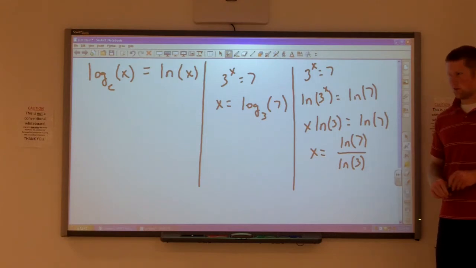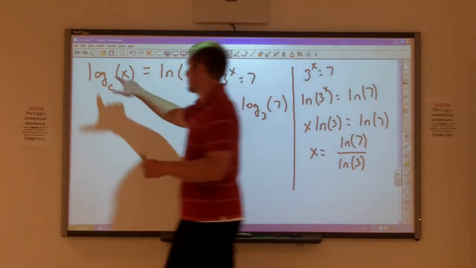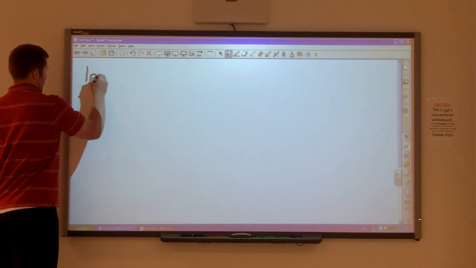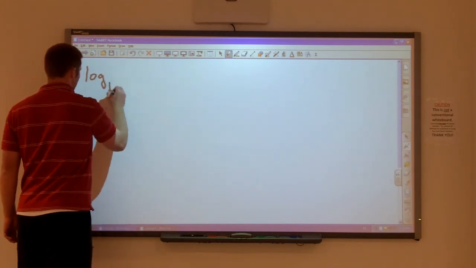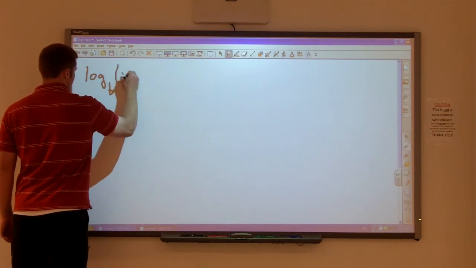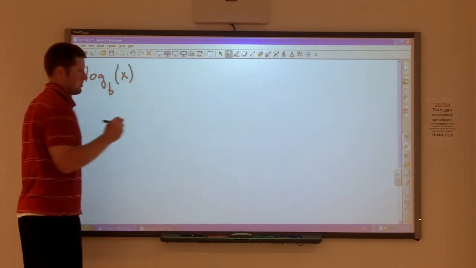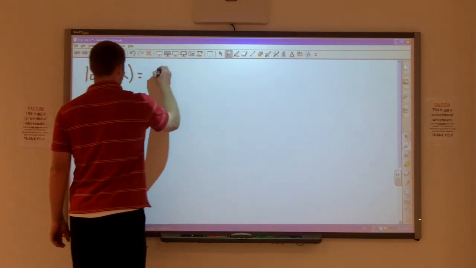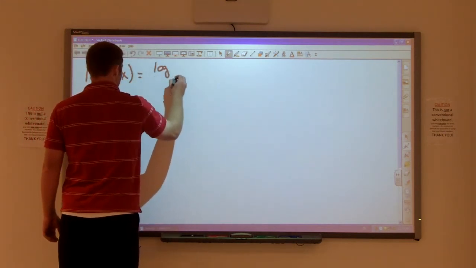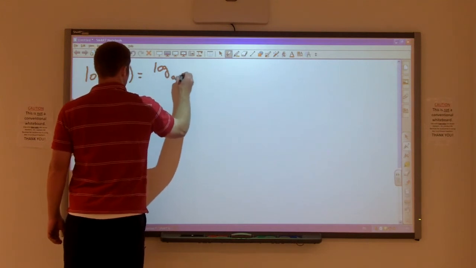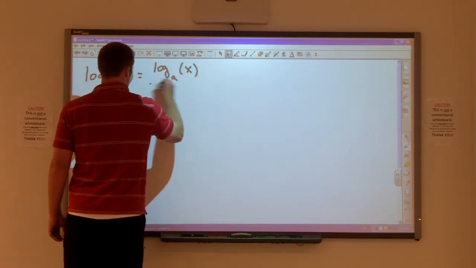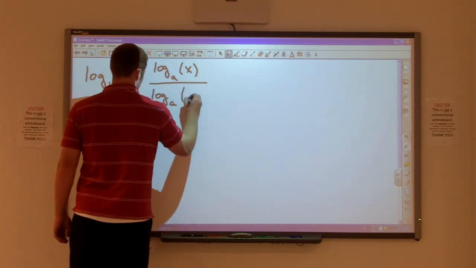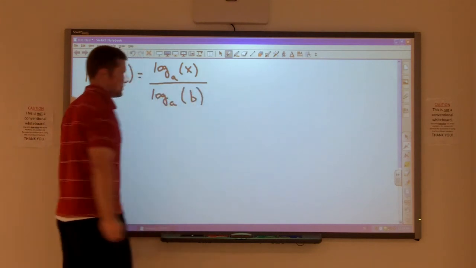And this leads us to the general rule, which will be our last property, which tells us that the log base b of x can be rewritten as log base a of x over log base a of b.